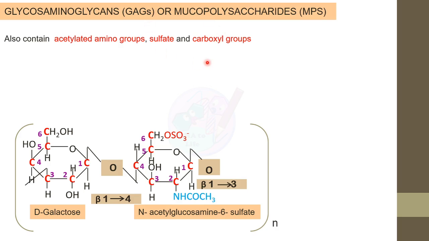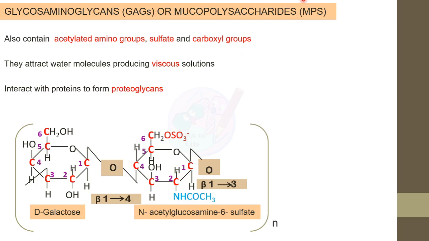And this sulfate and carboxylic group provide the negative charge, and negative charge attracts water, and because of that they form a gel-like structure, that is a viscous solution or mucus solution. That's why they are called mucopolysaccharides, and they interact with proteins to form proteoglycans. Not all glycosaminoglycans interact with proteins, but most of them interact covalently with proteins and form proteoglycans.